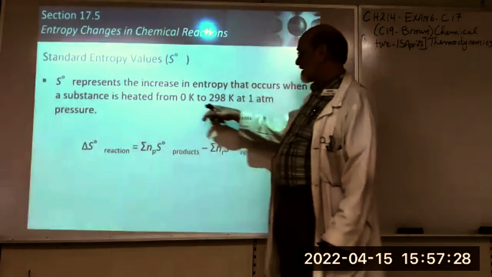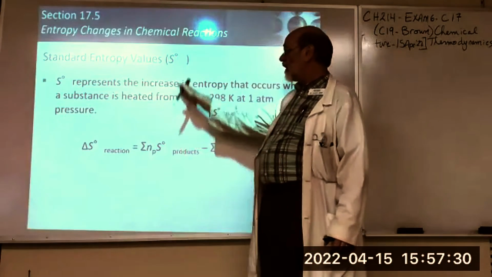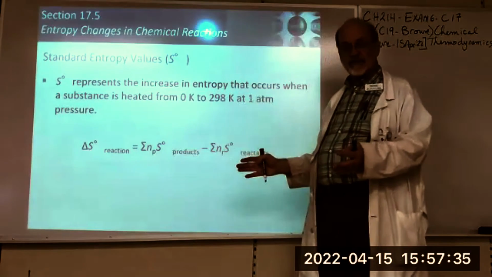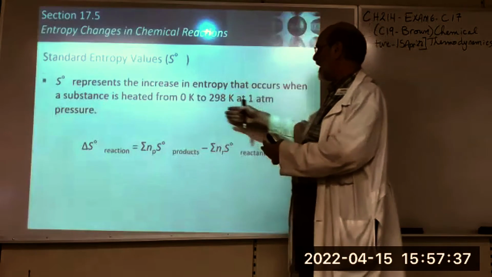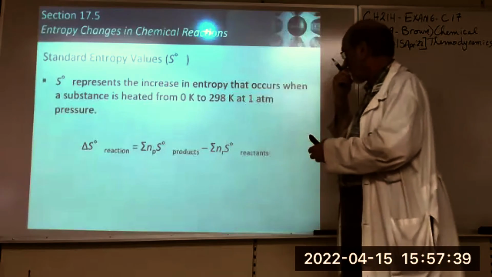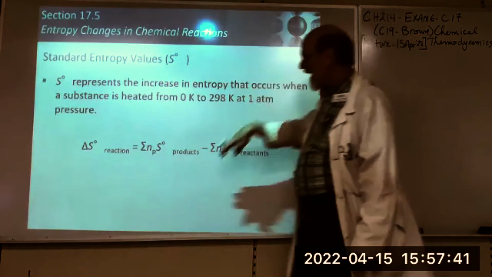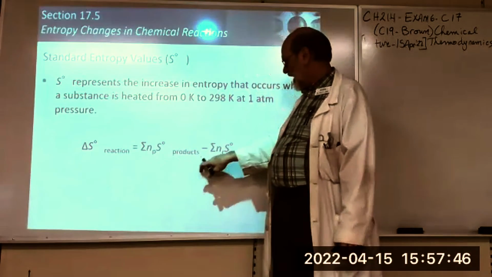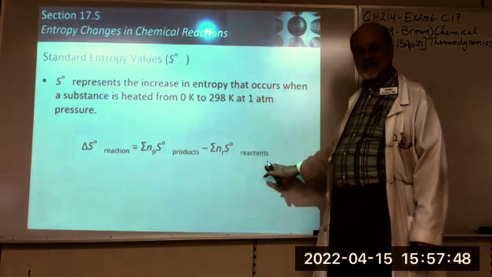And since the temperature is going from 0, where entropy is 0, then the standard entropy should always be positive. So for the entropy of a reaction, we sum the entropies of the products and subtract the entropies of the reactants.